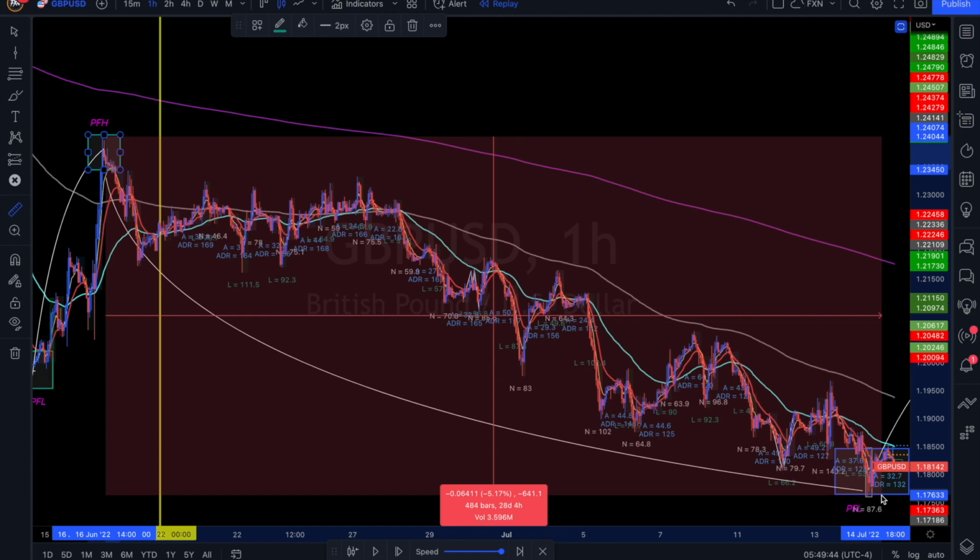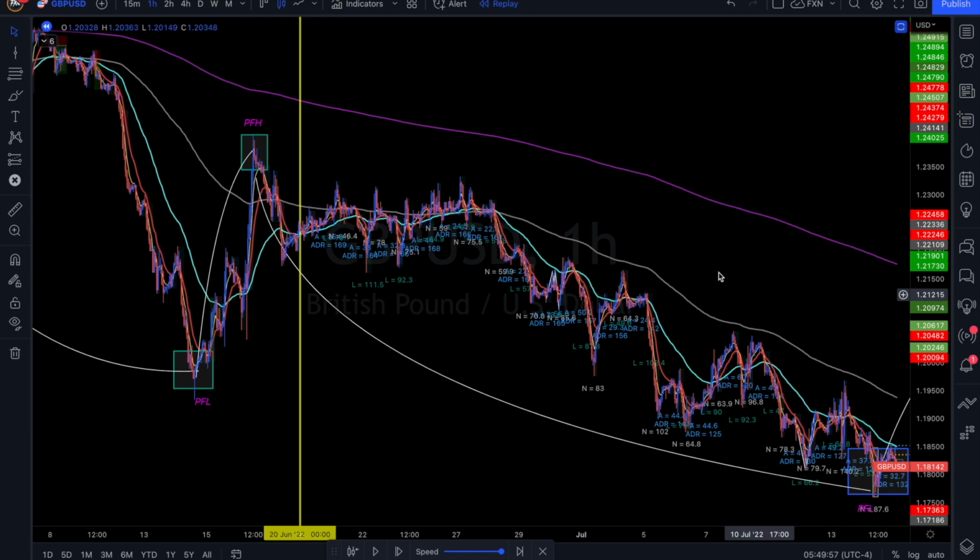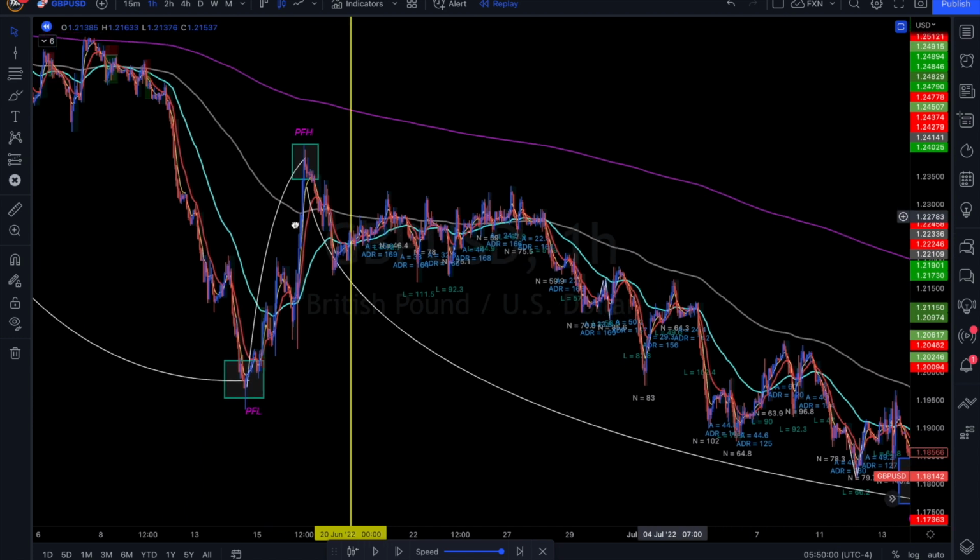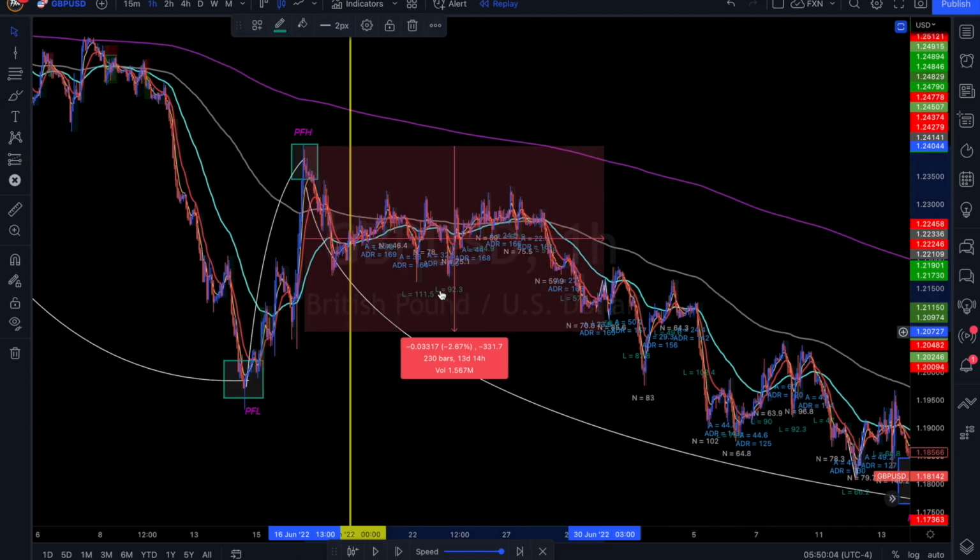So this cycle just happened to be 641 pips. So if we take 640 and divide it by, let's say 150, it gives us about 4.2 times ADR. Now, if we're going just off of the higher number here, we're in the 160s, let's say, and we take 160 times 2.5, it gives us about 400 pips or so.